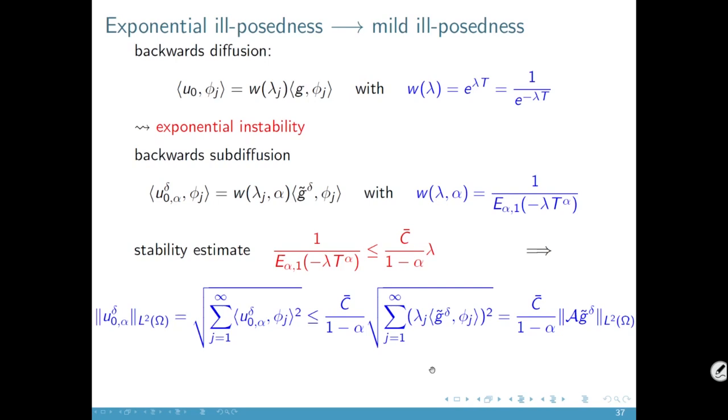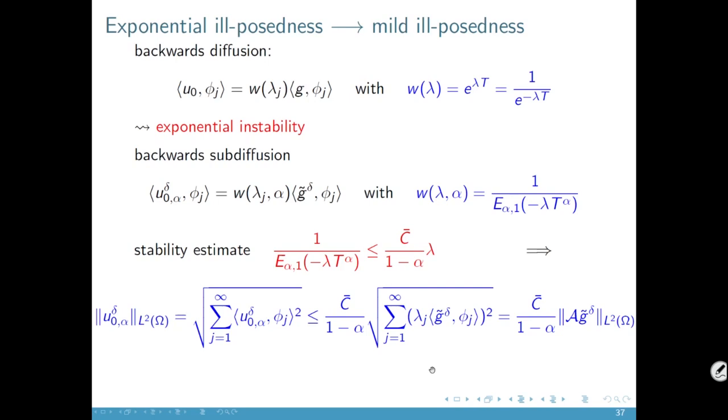First of all, we use Parseval's identity for this L2 norm, turning it into a norm of the generalized Fourier coefficients, and then we just insert the formula from up here. And we estimate this W of lambda j and alpha with this formula here. That's the next step in the inequality.